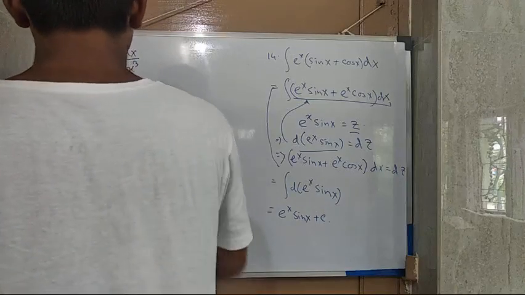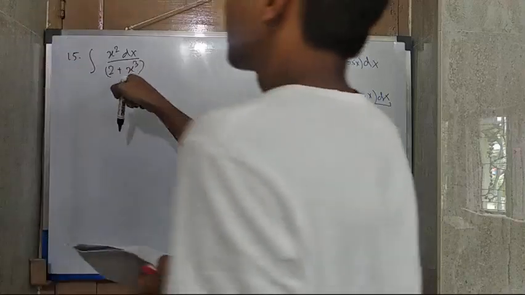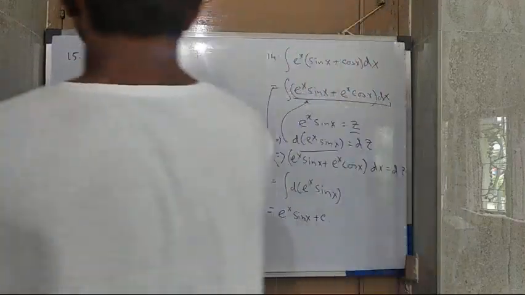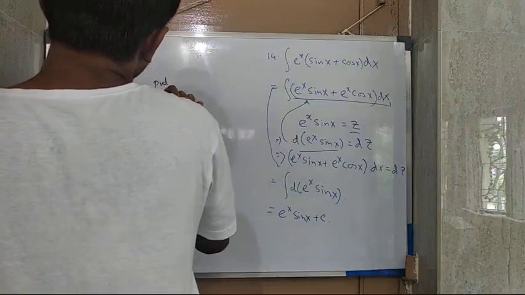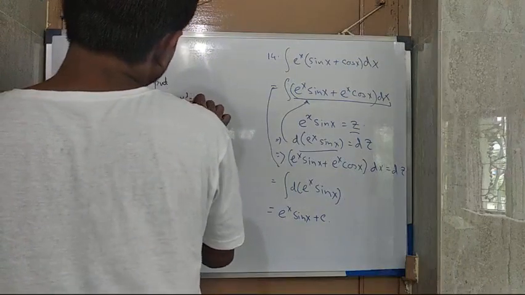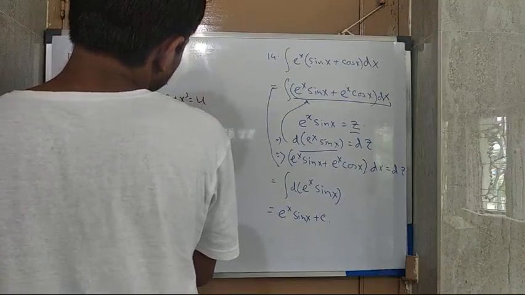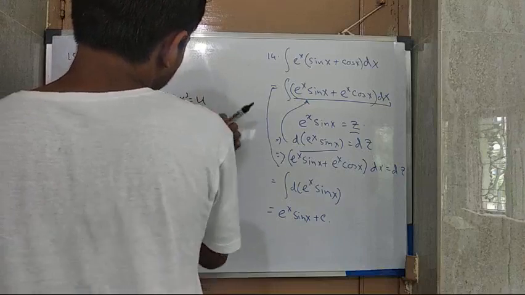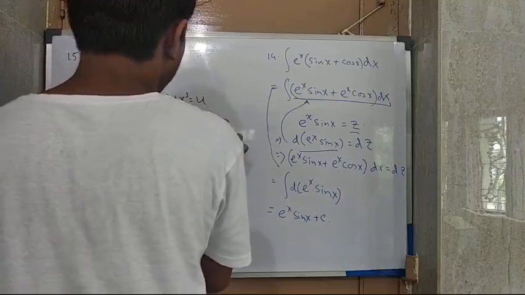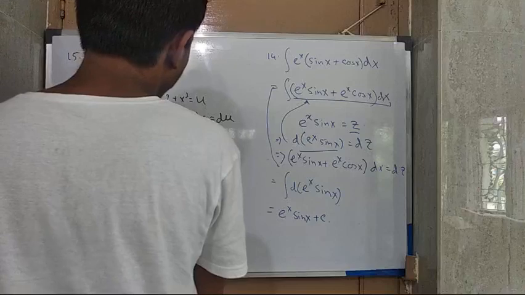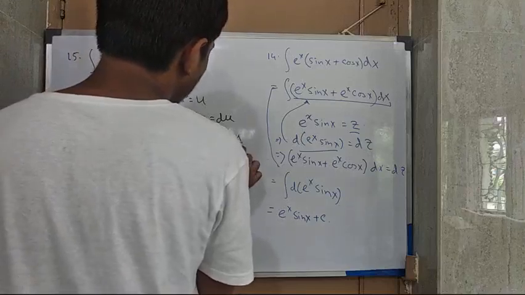So in this case you can just take this as u, so put 2 plus x cube is equal to u, and this will give 3x squared dx is equal to du, and x squared dx is equal to du by 3.